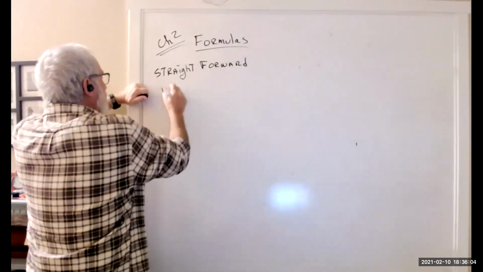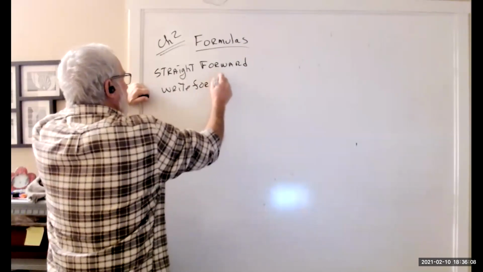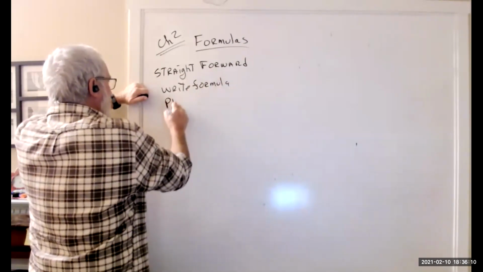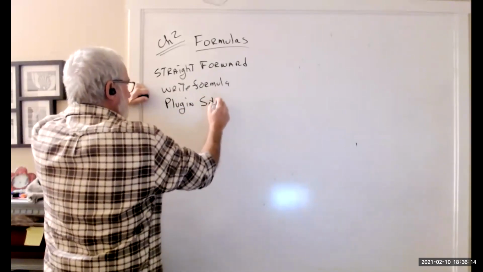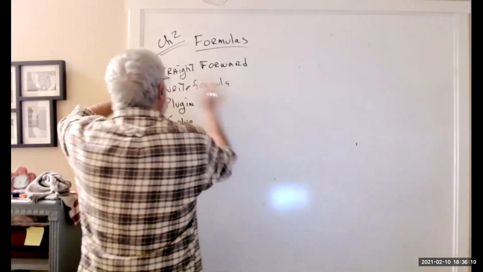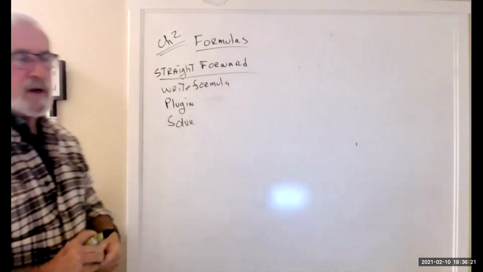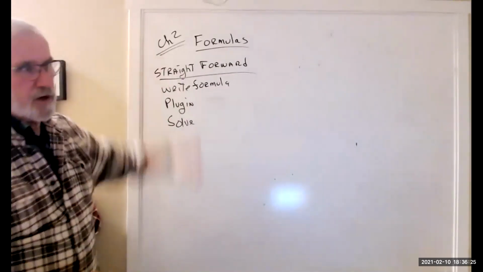Write the formula, plug in, solve. Those would be the steps. That's just straightforward. Write down whatever formula it is, plug in your numbers, solve the sucker.